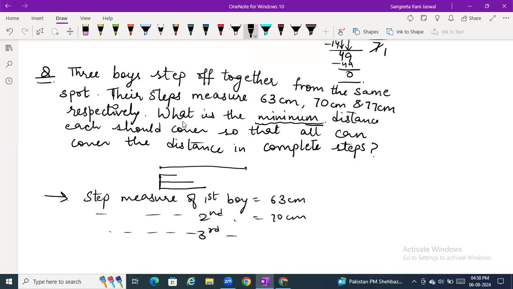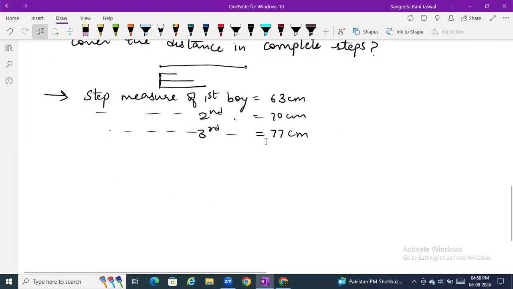Are you all writing in your notebooks? Please keep doing with me, okay? So step measure of the third boy is also written. Okay, let's take the LCM of this now. LCM of 63, 70 and 77. Quickly find the LCM of this.